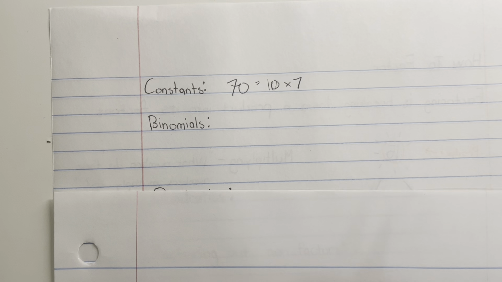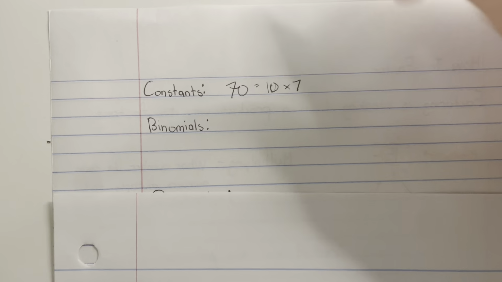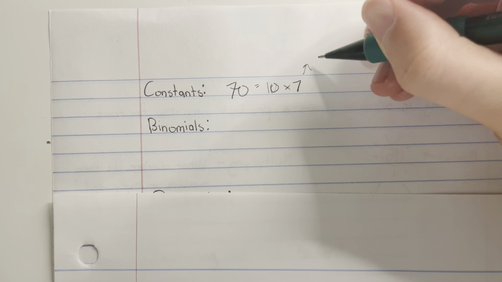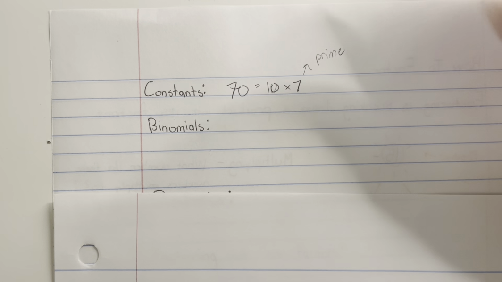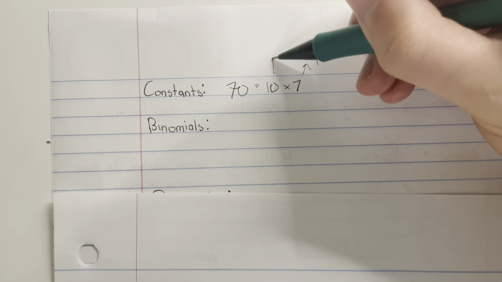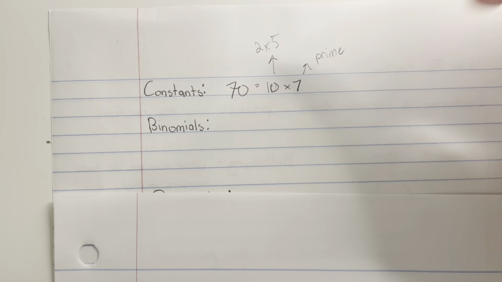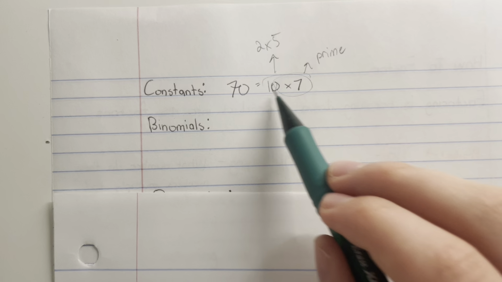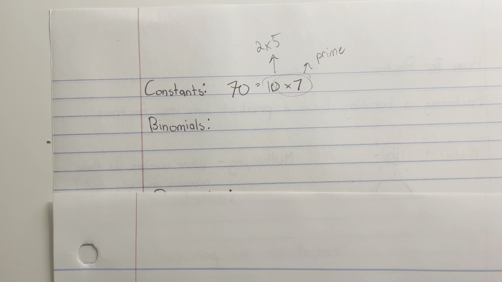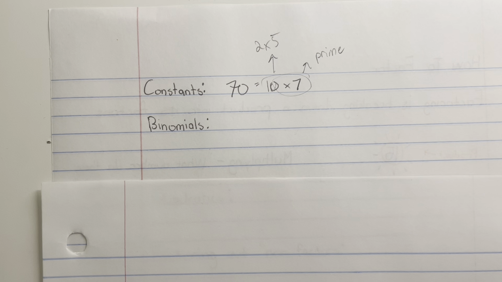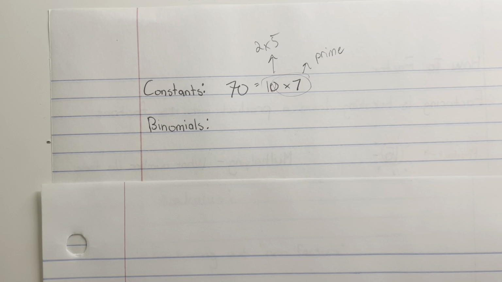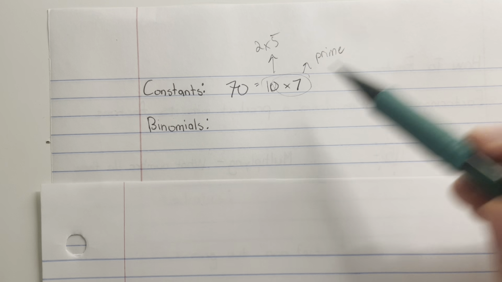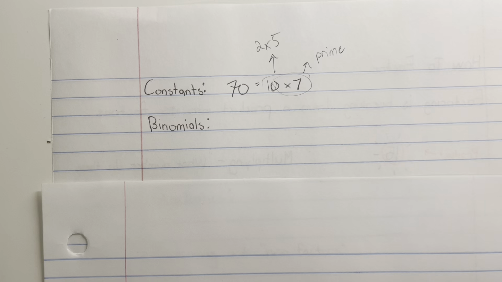And those are perfectly good factors. 7 is prime, but 10 can be further broken down into 2 times 5. But leaving it as this is perfectly fine. However, if your teacher asks you to fully factorize it, then 10 times 7 is not the correct answer.